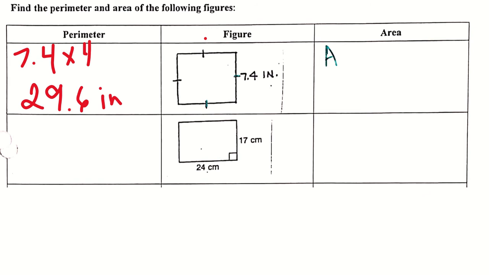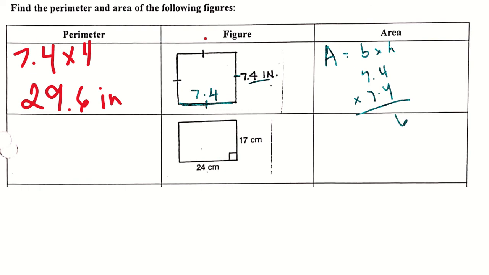Area equals base times height. The base, I suppose, most naturally we would think is there, and it is 7.4, remember, times the height, which is how tall the shape is, and that is the other 7.4. So you're just multiplying by itself. So you're going to be doing 7.4 times 7.4 to get your answer.